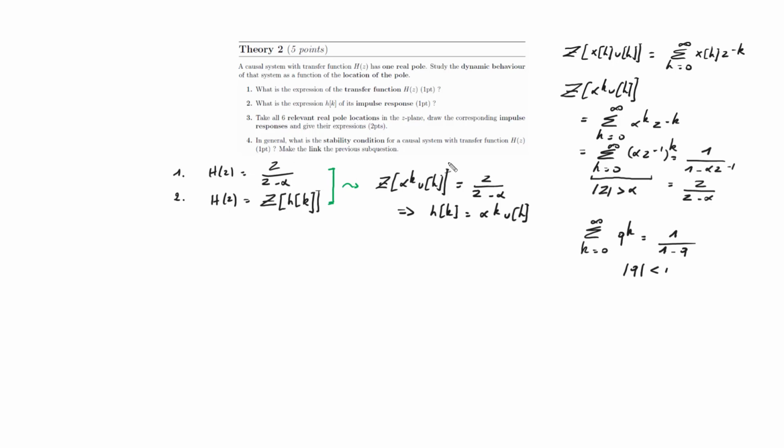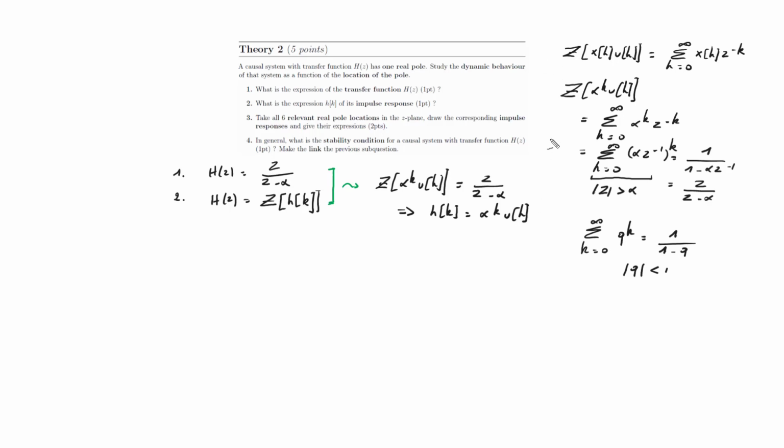This is the z transform of this sequence, alpha^k u of k. Since the transfer function is the z transform of the impulse response, you know that the system with this transfer function has an impulse response that is alpha^k u of k.